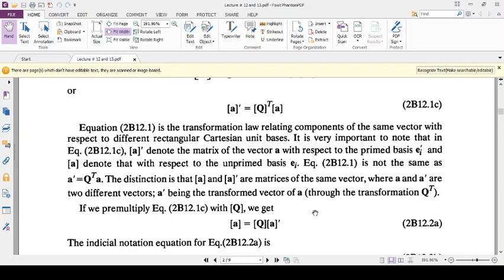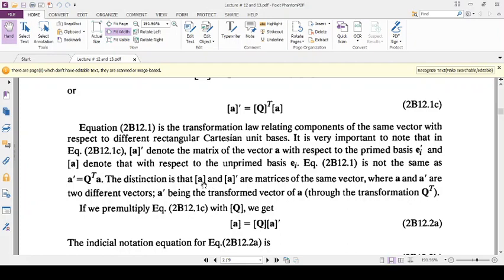So there is one thing which you must know, the difference between a matrix A and A dash and matrix of a dash. Here you can see that the distinction is that A and A dash are the matrices of the same vector with respect to different bases.